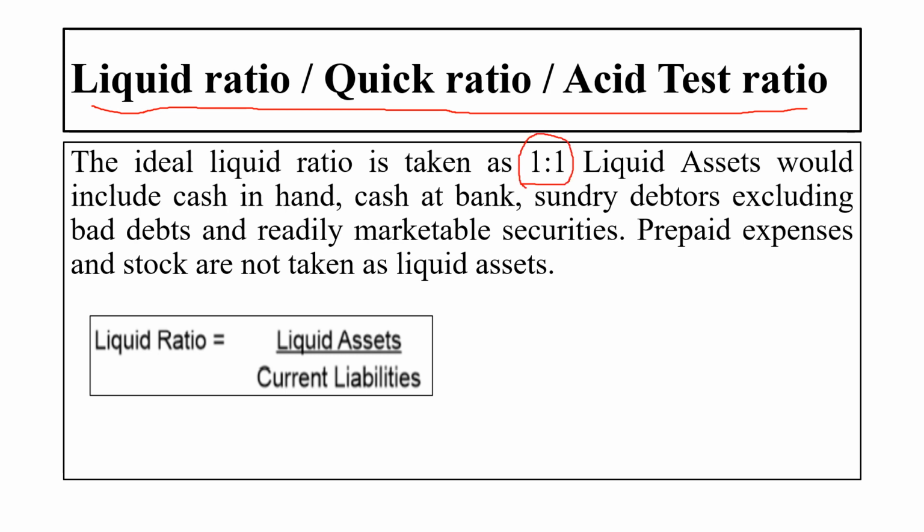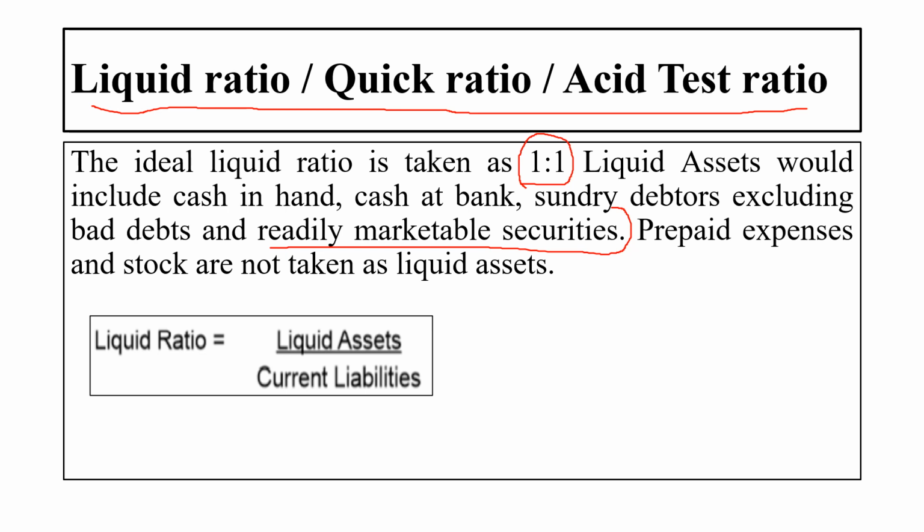The liquid asset will include the cash in hand, cash at bank, sundry debtors, excluding bad debt, and readily marketable securities. So you have to remember what the liquid asset includes, because to find out a liquid asset you have to use this. You have to add all these things and you have to minus the bad debt and the readily marketable security.